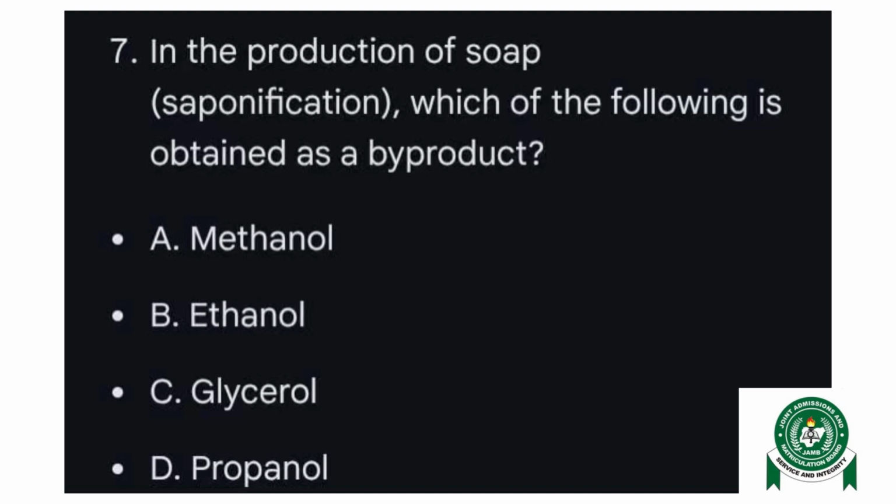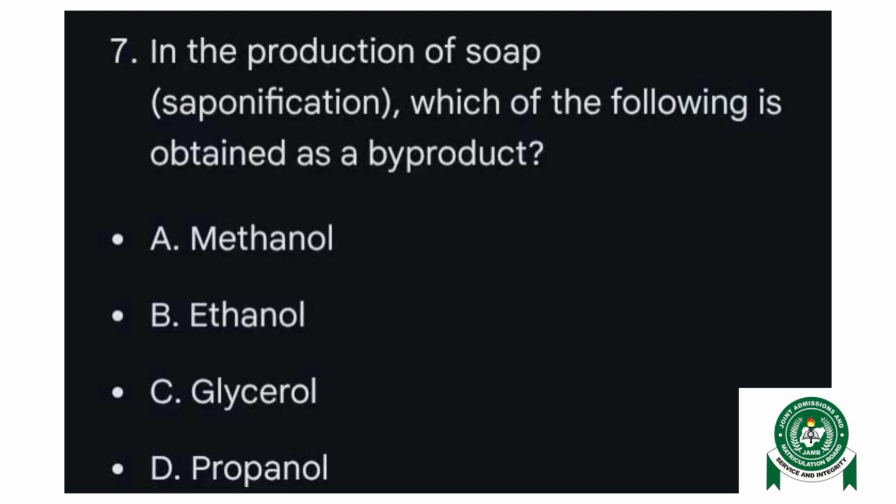A, methanol. B, ethanol. C, glycerol. And D, propanol. Now, for us to be able to answer this question, we need to know the meaning of the word saponification. Saponification is the chemical reaction used to make soap by reacting fat or oil with a strong base like sodium hydroxide.